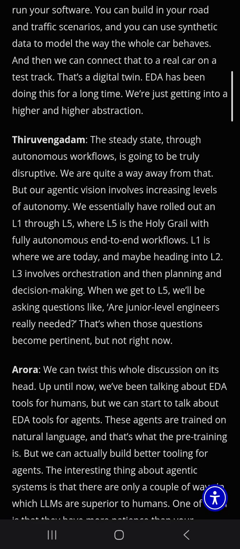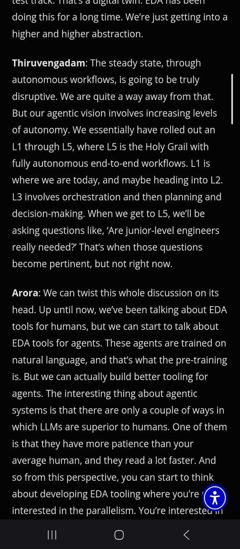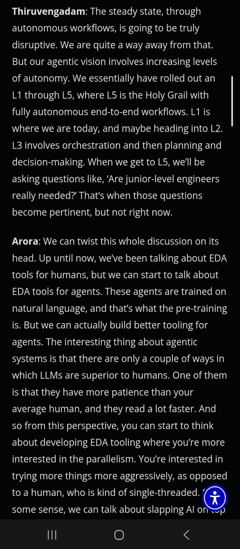L1 is where we are today, maybe heading into L2. L3 involves orchestration, planning, and decision making. When we get to L5, we'll be asking questions like, are junior-level engineers really needed? That's when those questions become pertinent, but not right now.